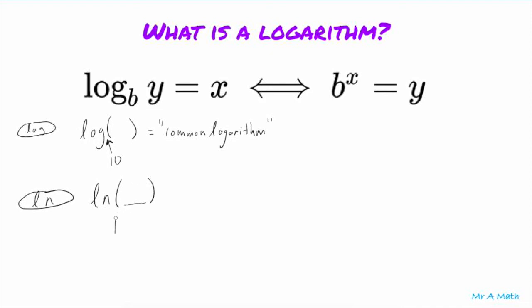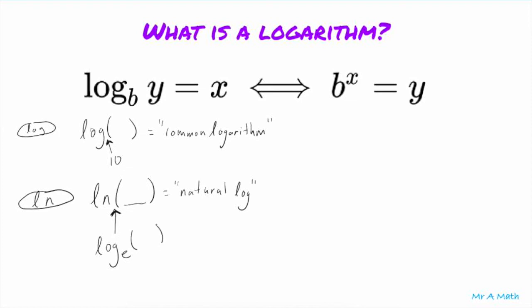And the reason why it's not asking you for a base again here is because the base of ln, which is usually referred to as the natural logarithm, is because ln is actually referring to log base e of some number.